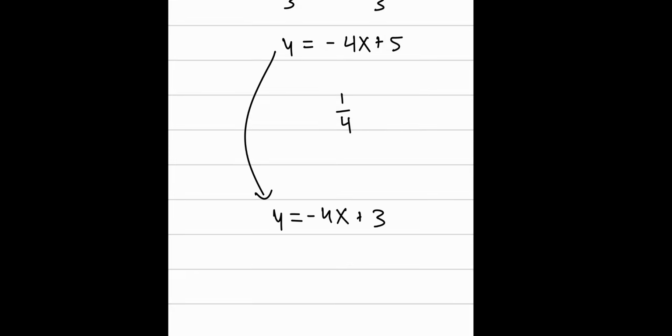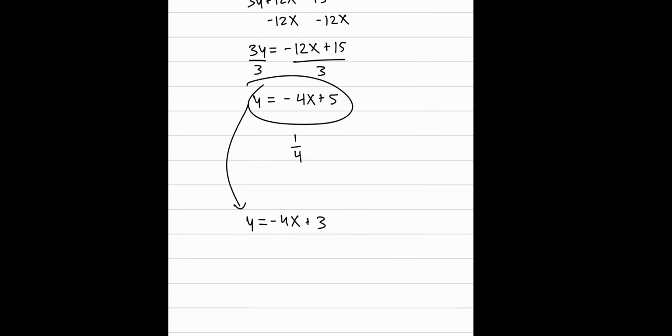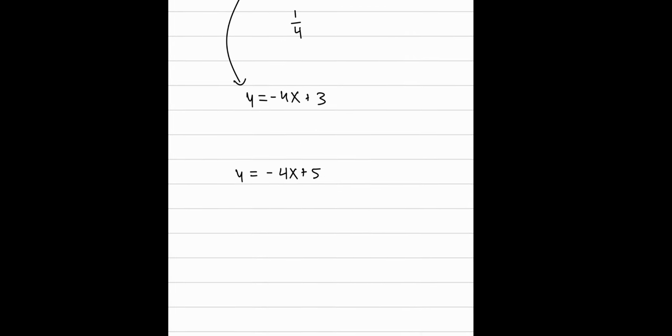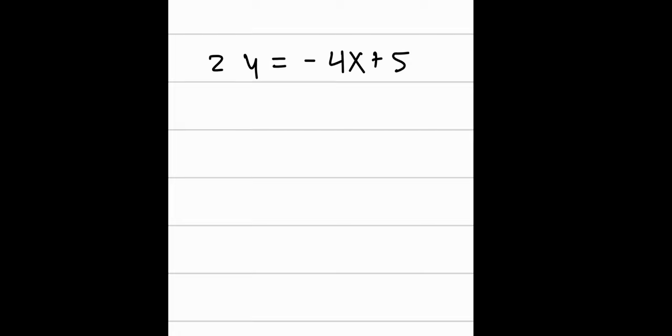And let's say that I wanted the line that has infinitely many solutions with this one. Well, I could just take this original line, y is equal to negative 4x plus 5, and multiply both sides by, let's say, 2. And what I would get is 2y equals negative 8x plus 10.